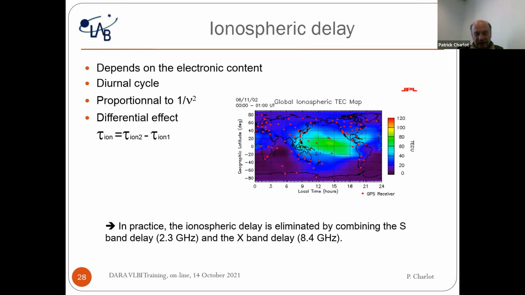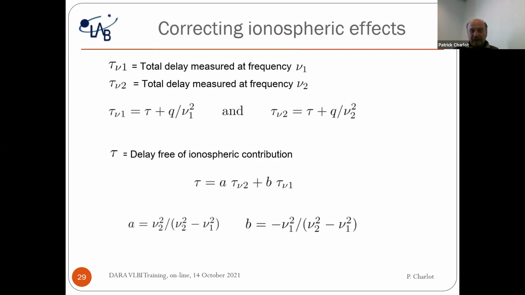But the nice thing is that this quantity, which is also very difficult to model, is proportional to 1 over the square of the frequencies, which means that if you observe at two frequencies which are well enough separated in gigahertz, and usually we use S-band 2 gigahertz and X-band 8 gigahertz, you can just eliminate the effect by a linear combination.